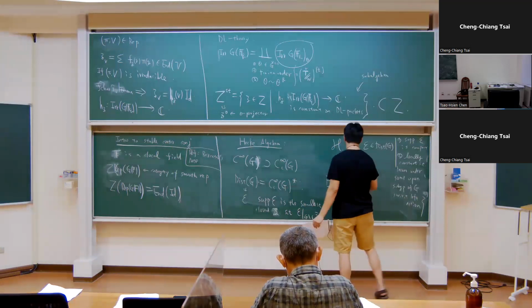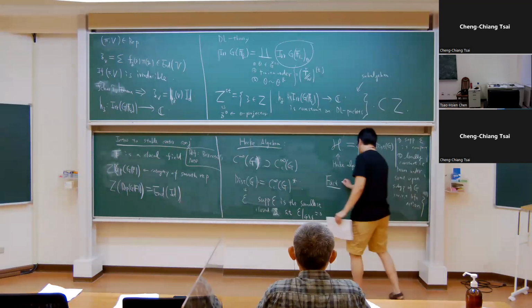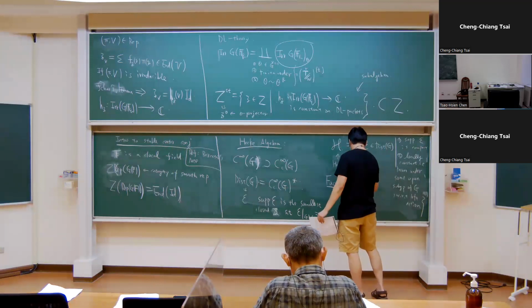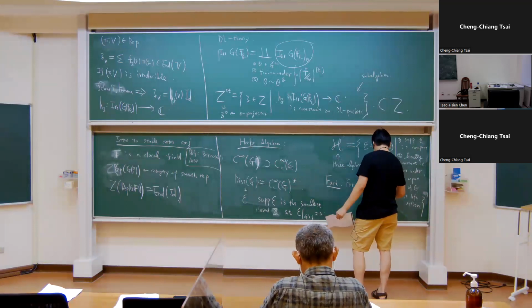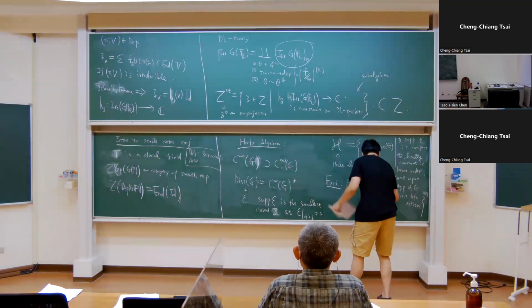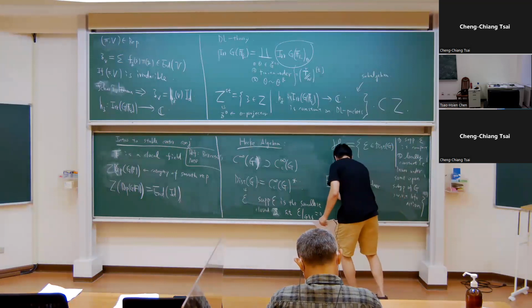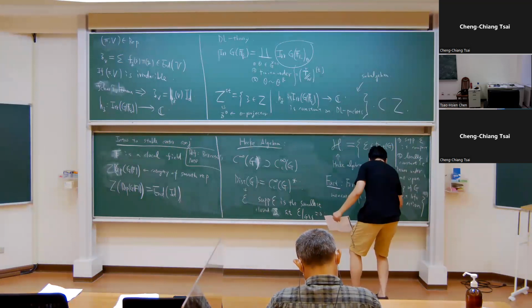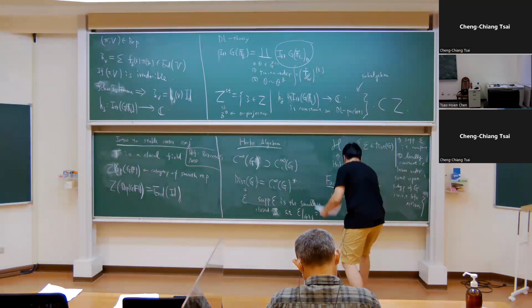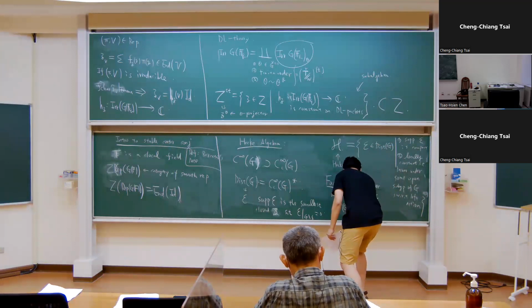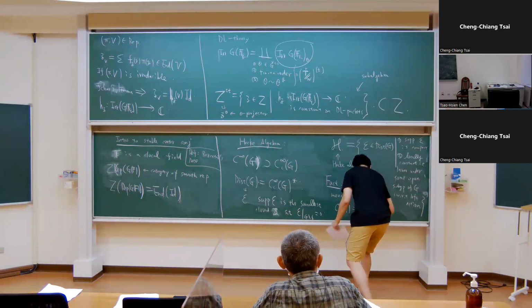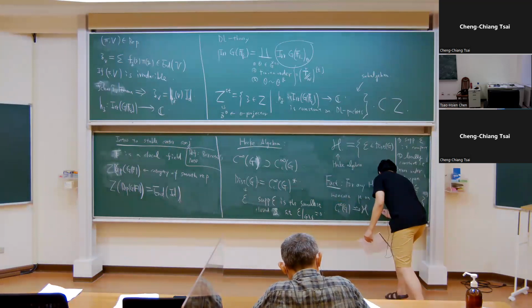if you choose a Haar measure mu on G, there's an isomorphism from the smooth compactly supported functions on G to the Hecke algebra, F goes to F tensor with this mu.